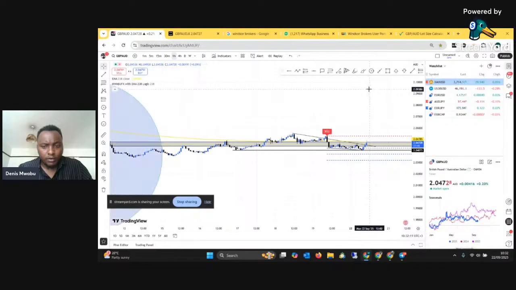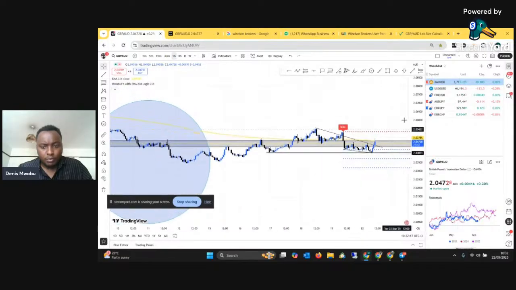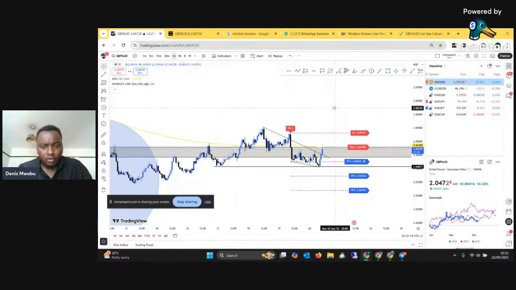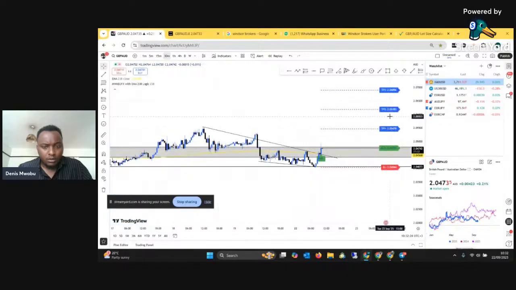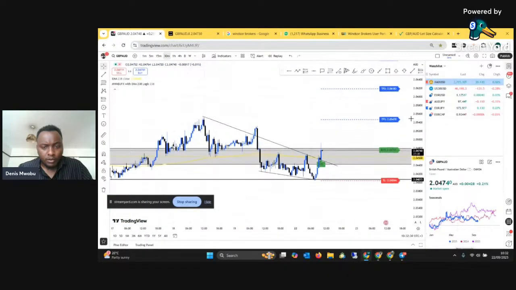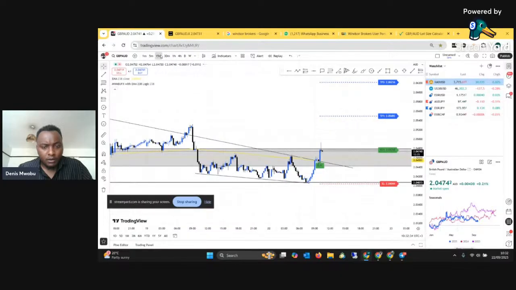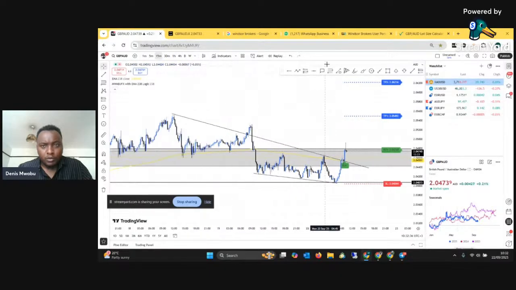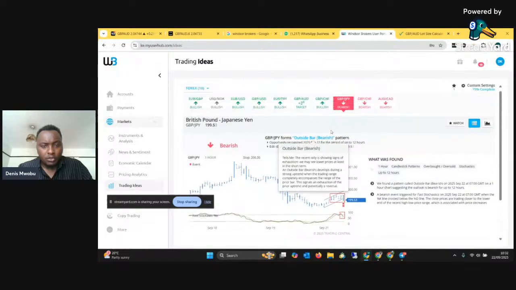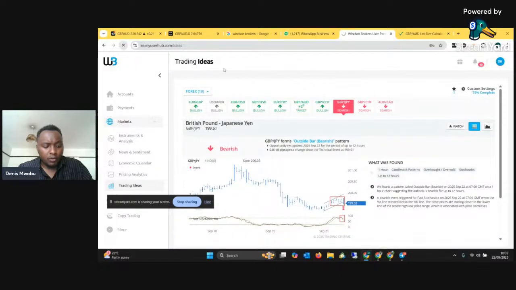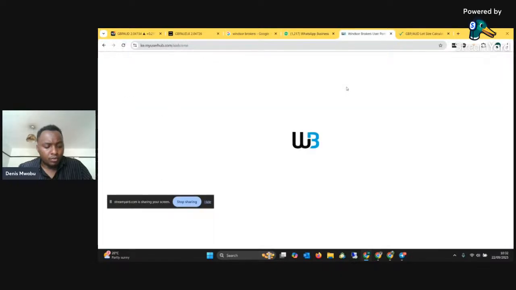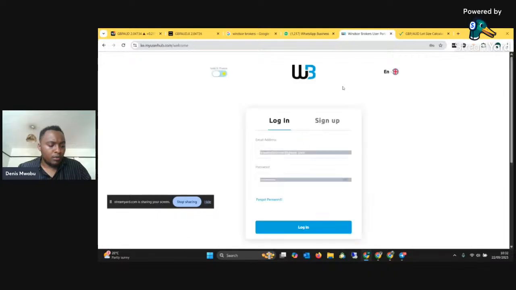On our time frame, we're having that push. We need to have that switch for us to continue moving to the upside. 30 minutes has already confirmed its buy. We also have the 15 minutes. Okay, let's take a look at another trade idea. If you want, you can divide your trades into two.